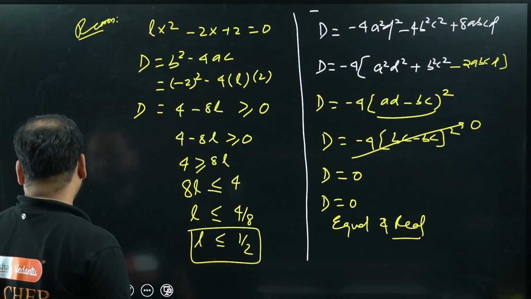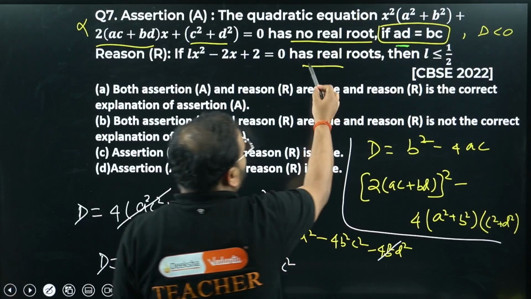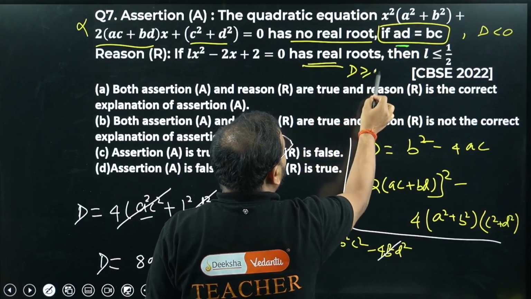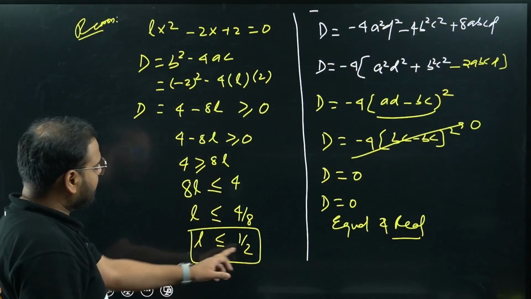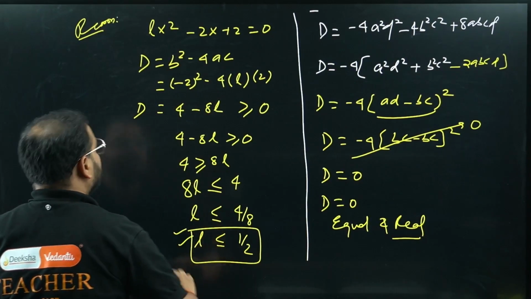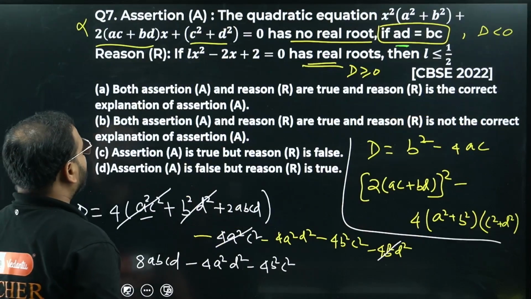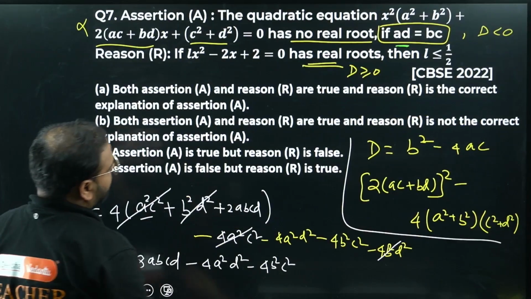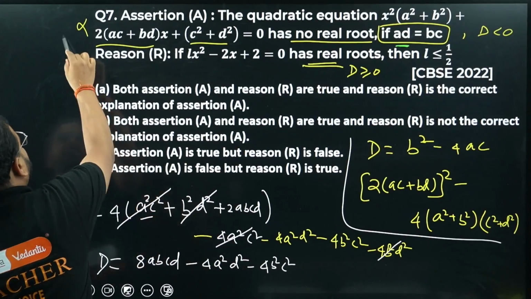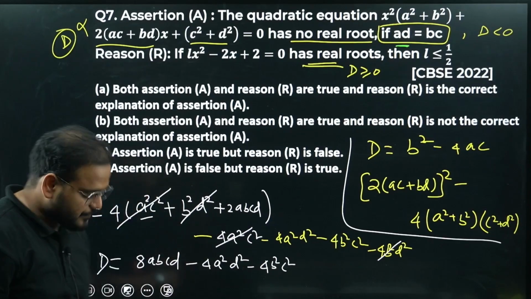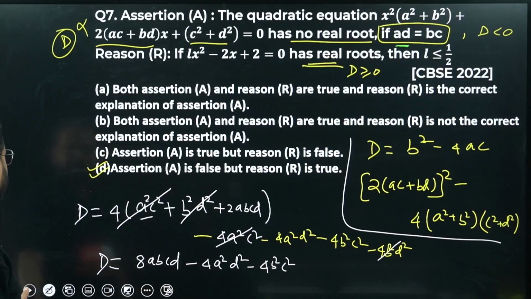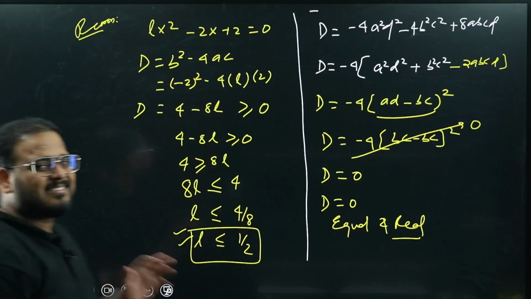It means the statement that was given, having real roots when D is greater than or equal to 0, gives L less than or equal to 1 by 2, which means the condition is right. So reason is right, assertion is wrong. Option number D. Please have a look. An excellent question.